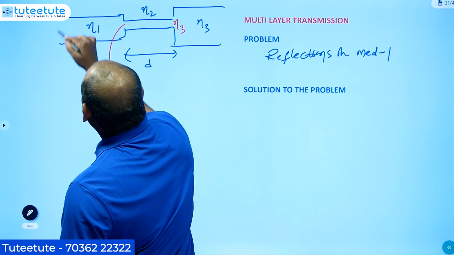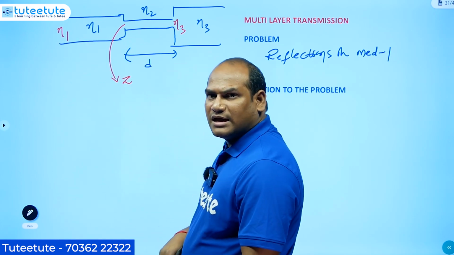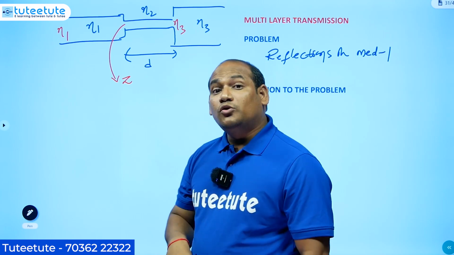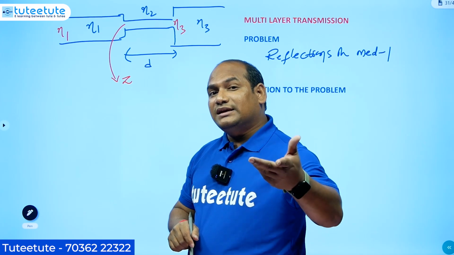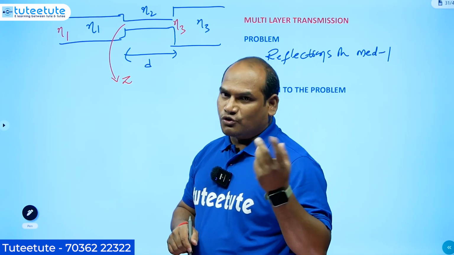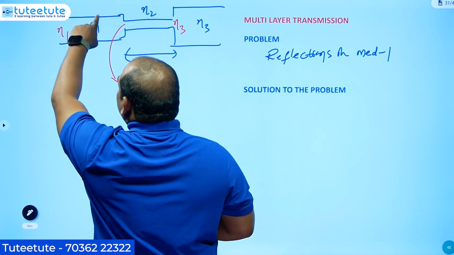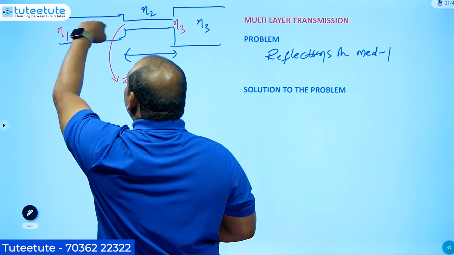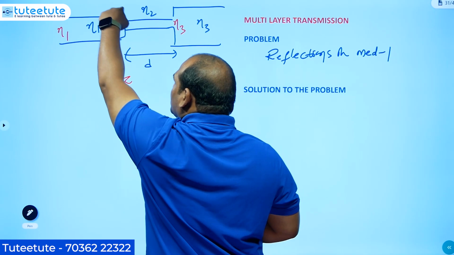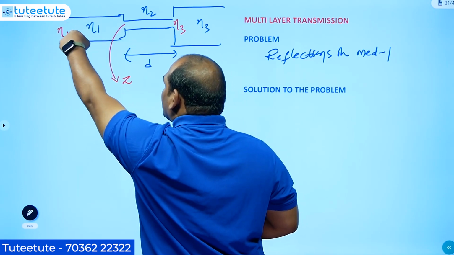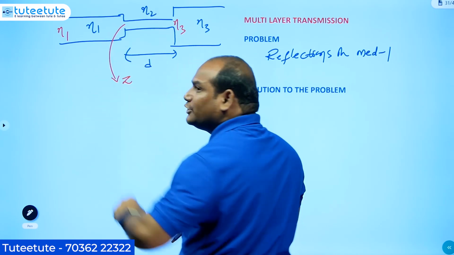Because it is of infinite length, here the input impedance is equal to its characteristic impedance, that is eta 1. Since I don't need any reflections in medium 1, the reflections-related indicator is gamma, that means reflection coefficient. For this particular transmission line, its characteristic impedance is given by eta 1, its load impedance is given by Z. The load impedance of transmission line 1 is the input impedance of transmission line 2.